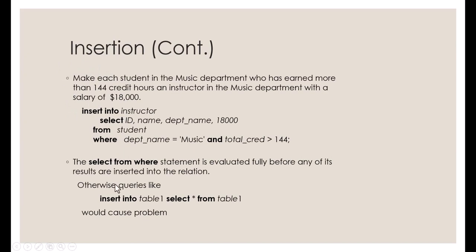You can also insert into a particular table name, select everything from a table. The select from where statement is evaluated fully before any of the results are actually inserted into the relation. So this one will cause an issue.